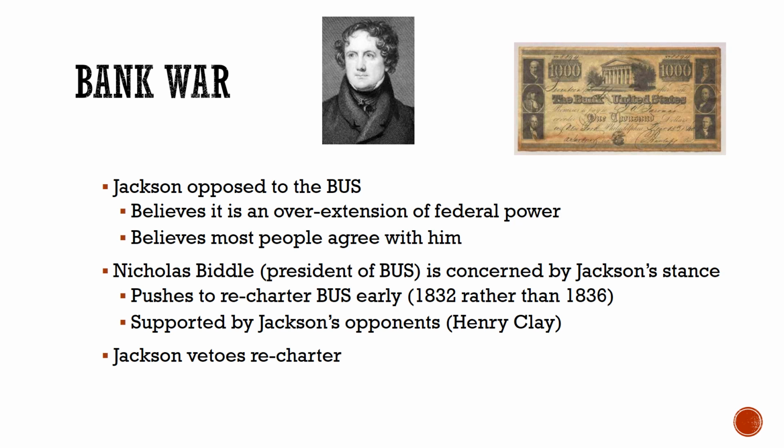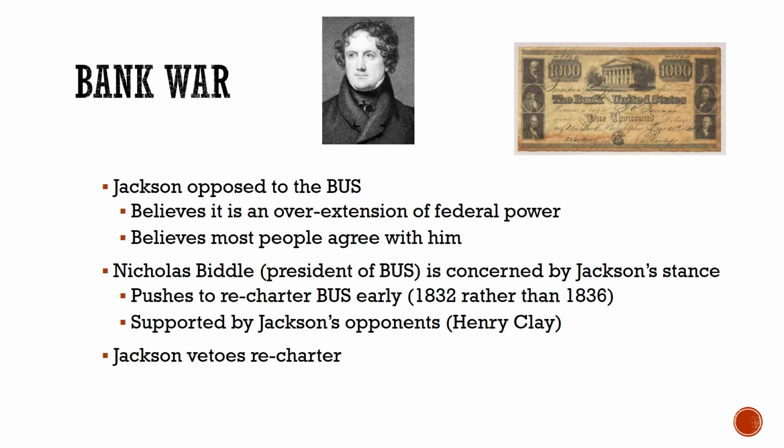And they have convinced Nicholas Biddle that President Jackson is going to destroy the Bank of the United States. So Nicholas Biddle is concerned enough that he is going to ask Congress to recharter the Bank of the United States early. So in 1832, rather than waiting until 1836.